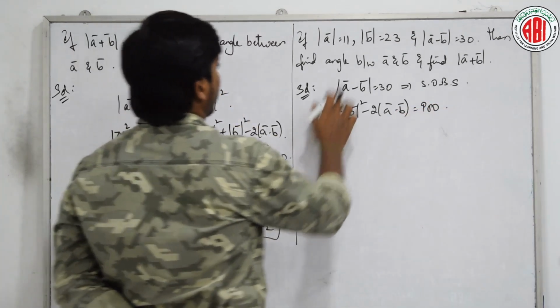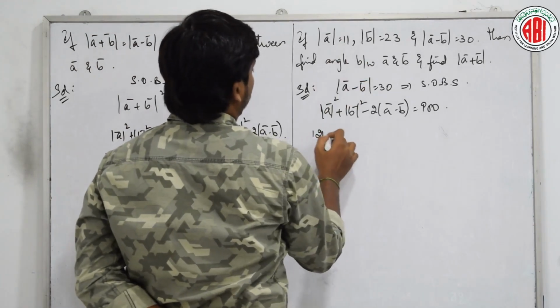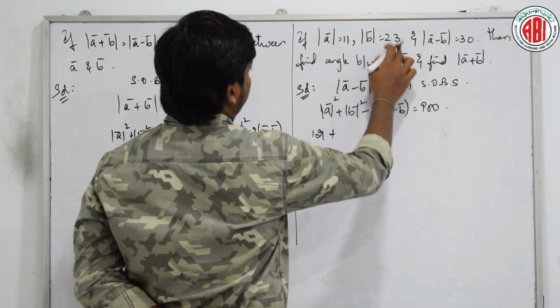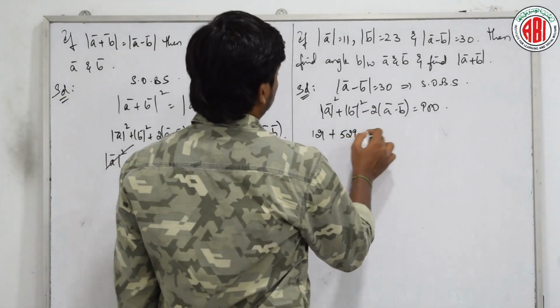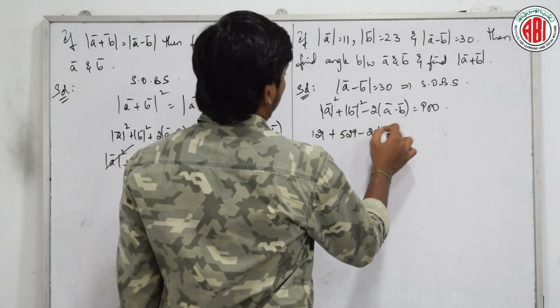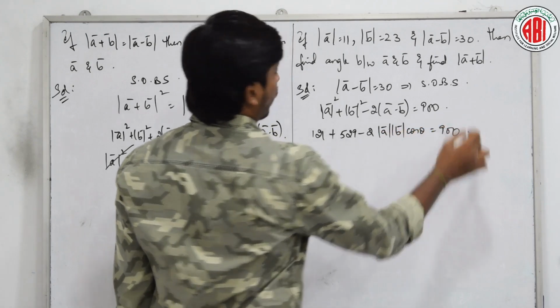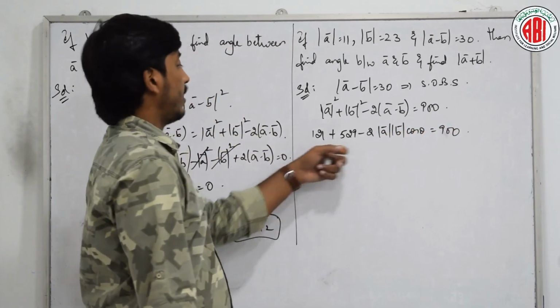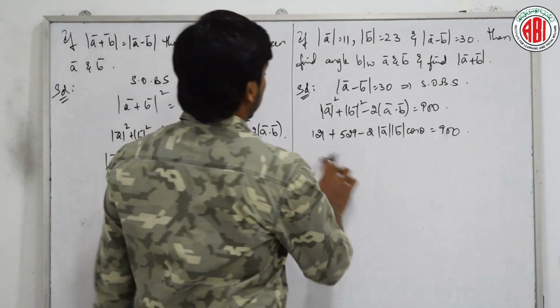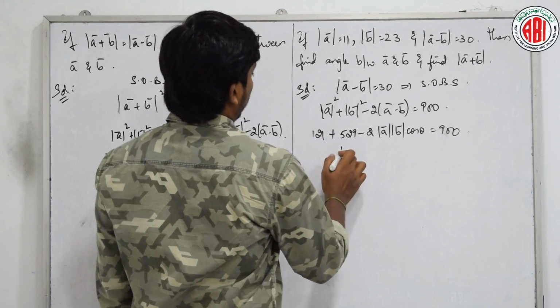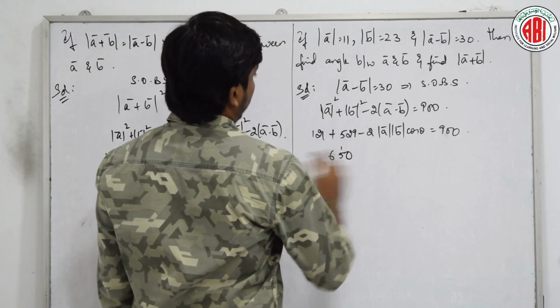Now tell me what is mod a square? That is 121. What is 23 square? Just tell me. Minus 2 mod a mod b cos theta. Isn't it? Now let us add these both. How much is it? 650.